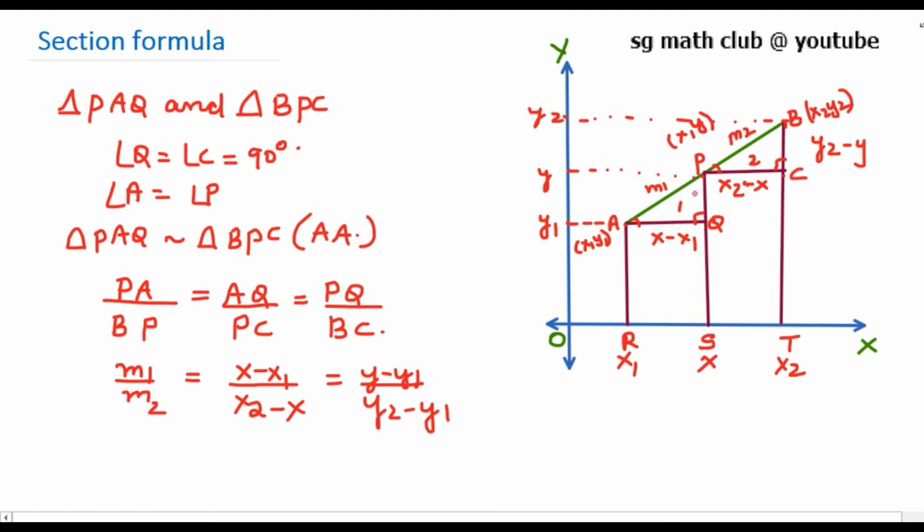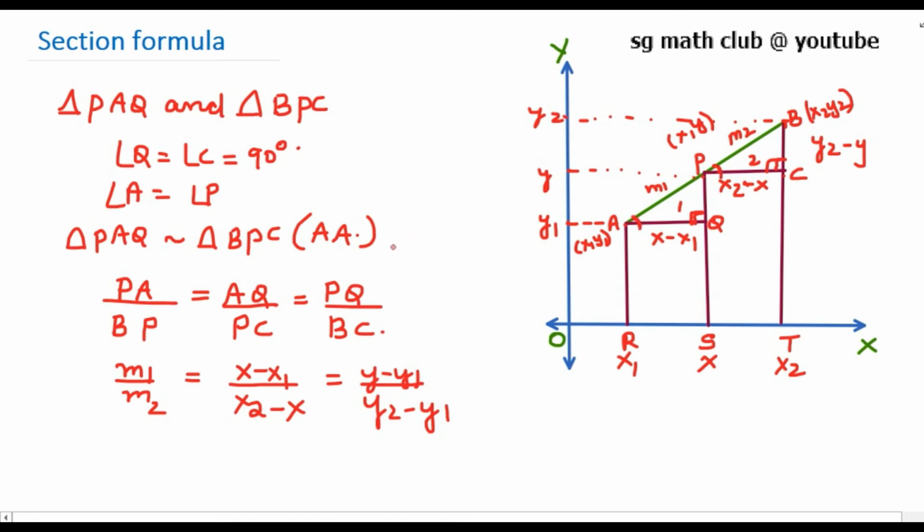So first we have made two similar triangles. First we proved that these two triangles are similar by AA criteria, because angle Q and angle C are 90 degrees. By our construction, we have drawn a perpendicular line. Again, since the lines AQ and PC are parallel to the x-axis, angle A and angle P will be same.